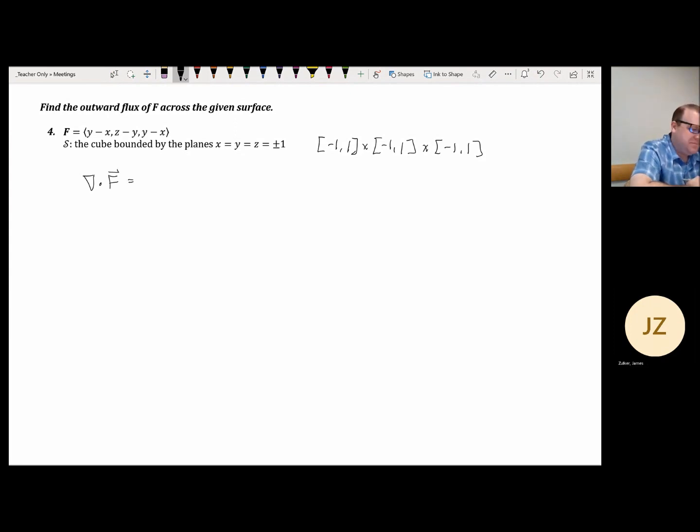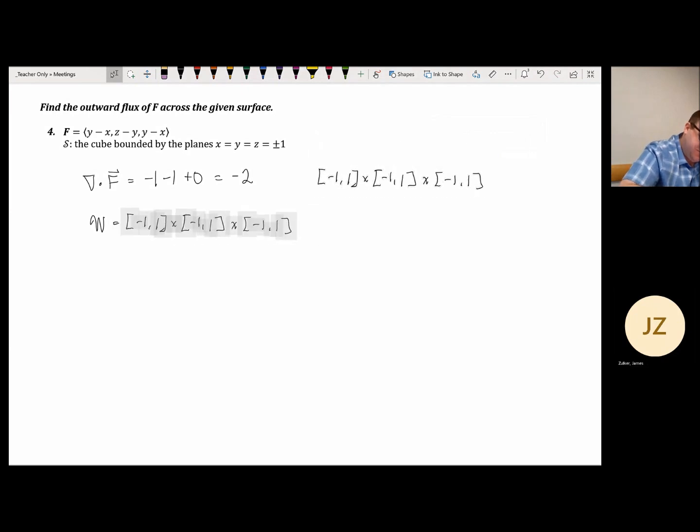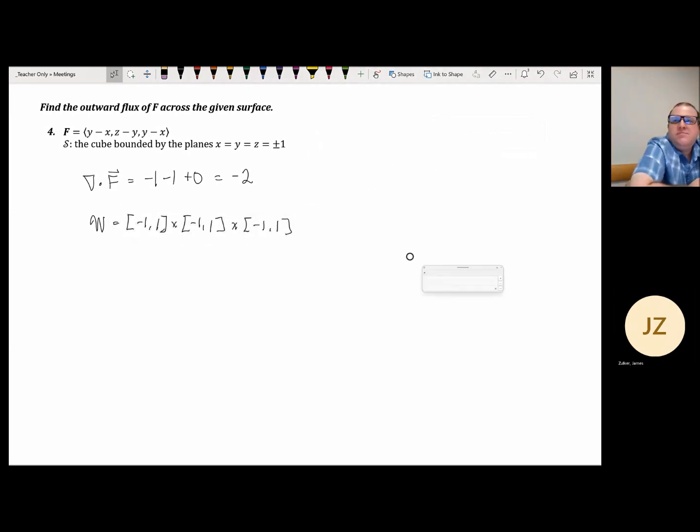Let's first find divergence. Divergence is -2. W is just that cube. You know what? I'm just going to move it.